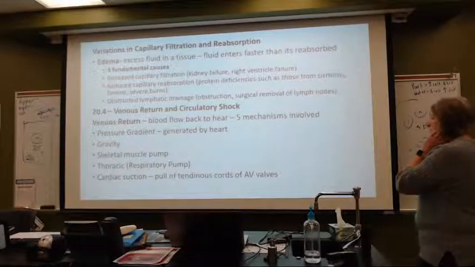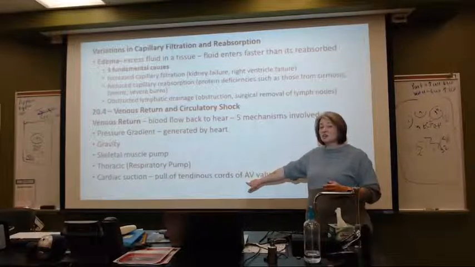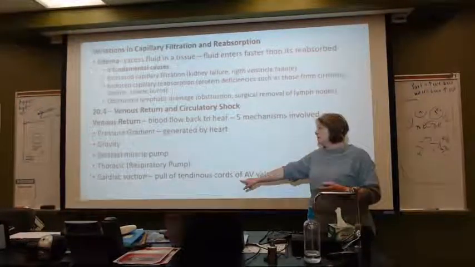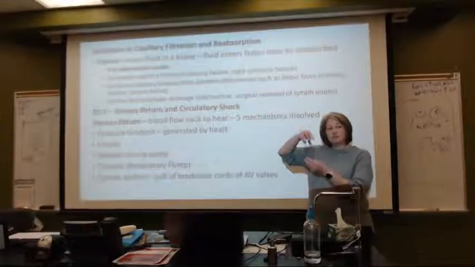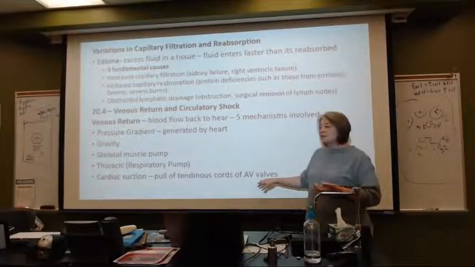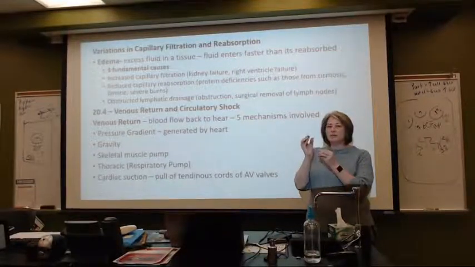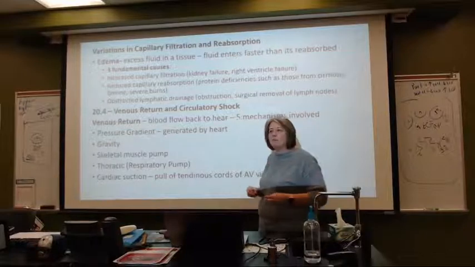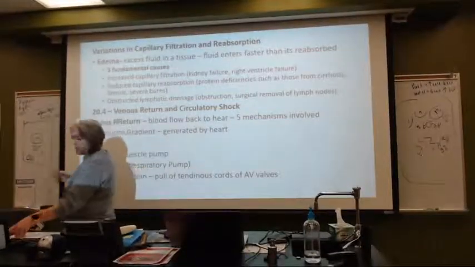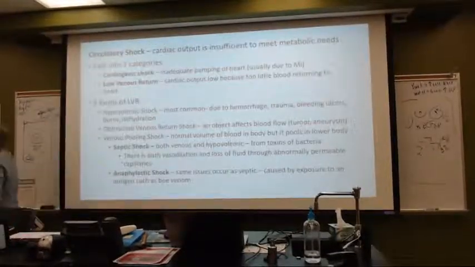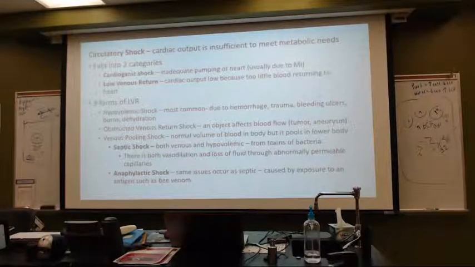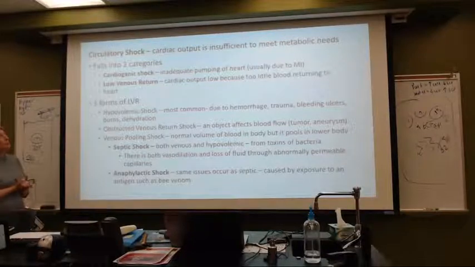And then those tendinous cords, do y'all remember the chordae tendineae that are attached to those AV valves? They create just a little bit of suction every time they flap. Not a lot, not enough to actually generate blood flow like we would think. Because the veins are capacity vessels, where we have a lot of blood stored in the veins.